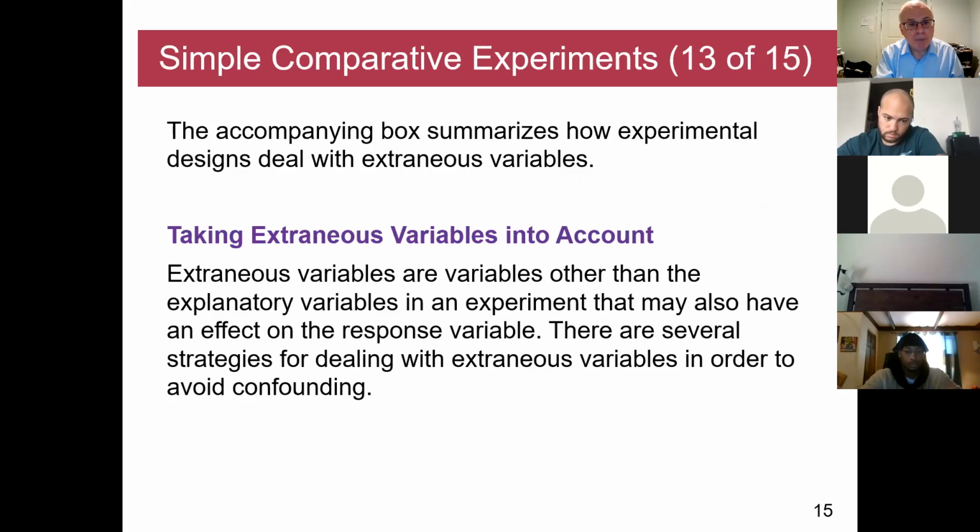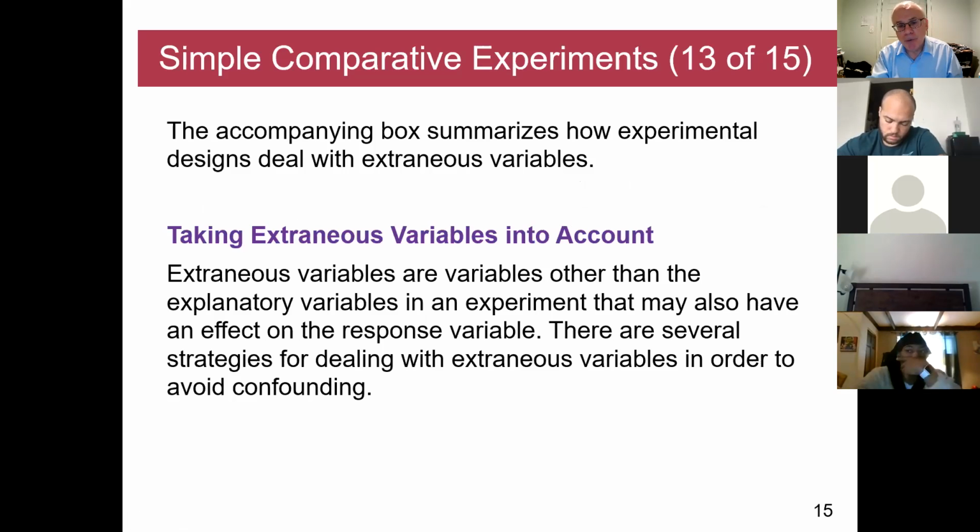All right. Again, a lot of these slides are repeating the same thing over and over again, so bear with me. So we want to avoid this confounding that occurs with extraneous variables. Sometimes it occurs. And how do we avoid it?